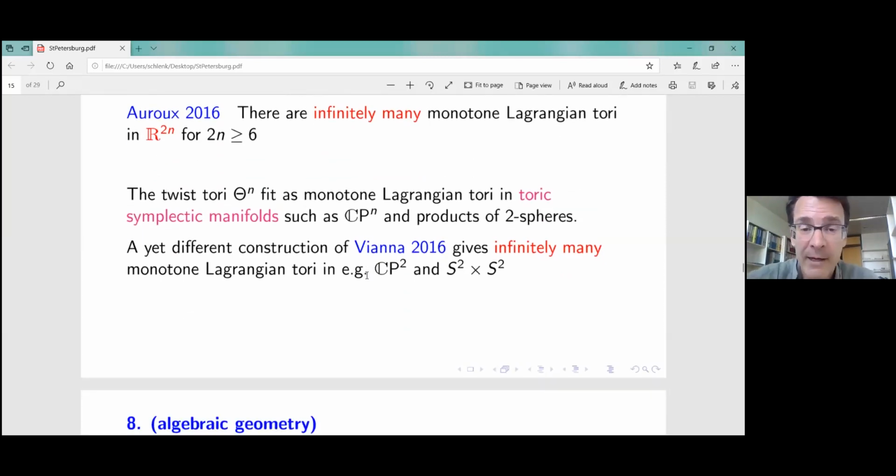This works very well in products of spheres and more generally products of CPN, and the Vienna construction works in all the Del Pezzo surfaces, and other constructions work in all monotone toric symplectic manifolds. I don't want to be precise. It's a kind of wild zoo, and it's ongoing research with many open ends.